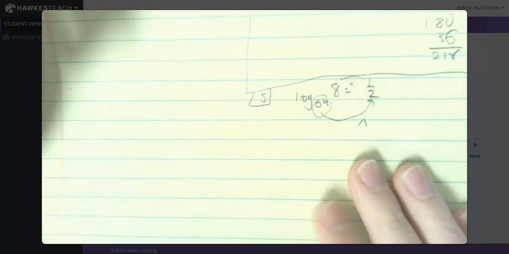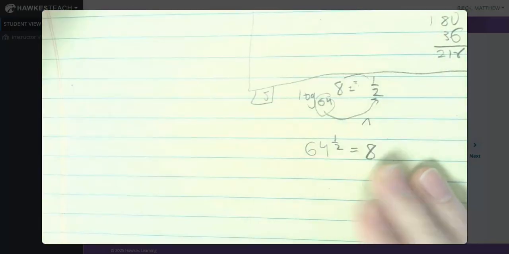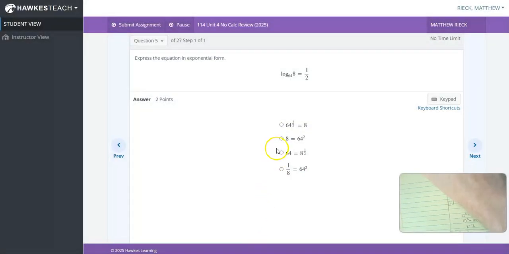So again, we just take our base, raise to whatever power our logarithm equals, set it equal to what we're taking the logarithm of. So in this case, we have 64 to the 1/2 equals 8. Which is the first option here.